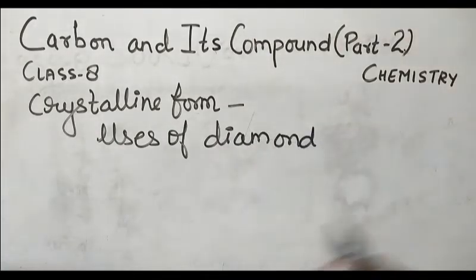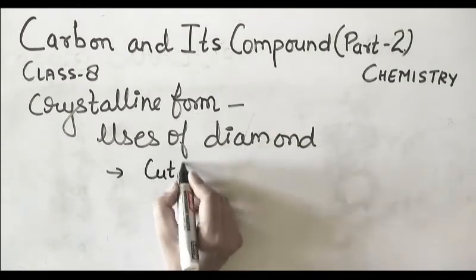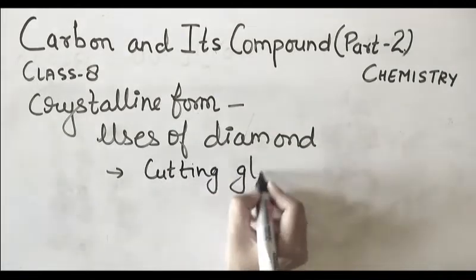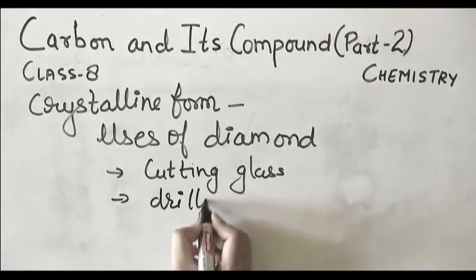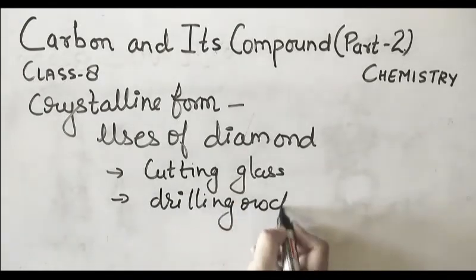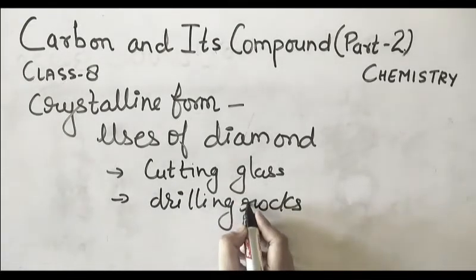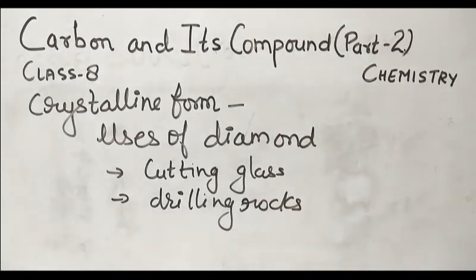It is used for cutting glass and for drilling rocks. As you all know, it is a very costly gem, so it is also used for making jewelry. It is also used for making tungsten wire, which is used in electric filaments.